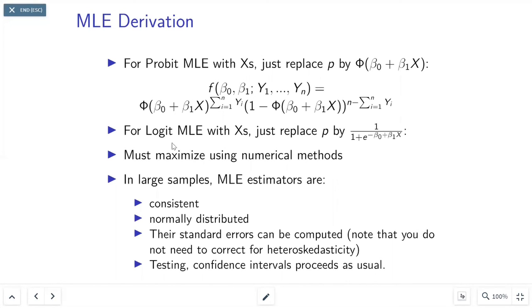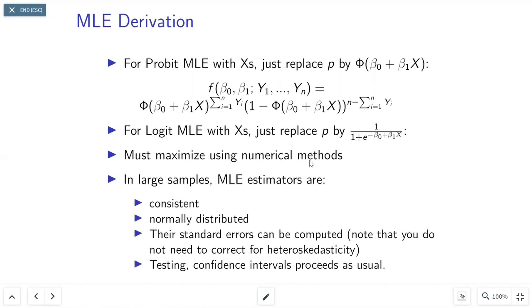For the logit model, we'll replace the CDF of the standard normal distribution with the CDF of a logistic distribution in the likelihood function to solve for the logit MLE. The computation of MLE is handled using numerical methods.